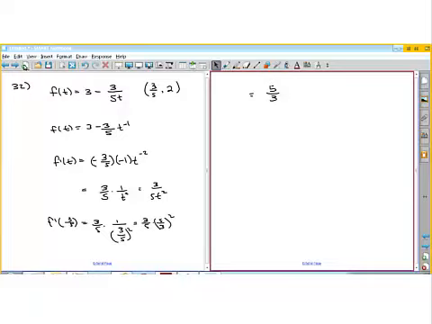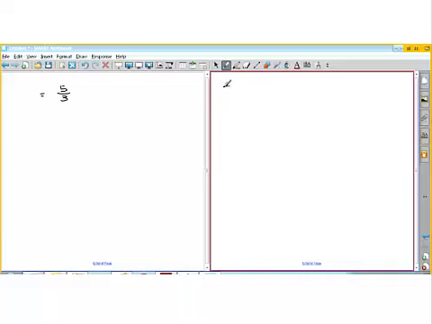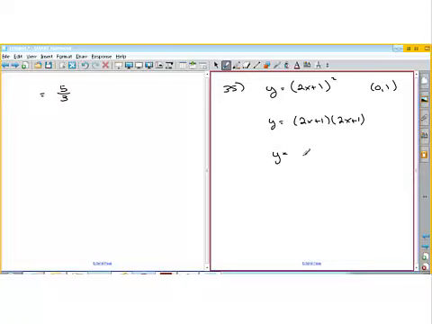Number 35. Now there's another way of solving this using what we call the chain rule, but at this point we don't know the chain rule. So to solve this you have to multiply out this expression. When you're squaring something, that's what you're doing.